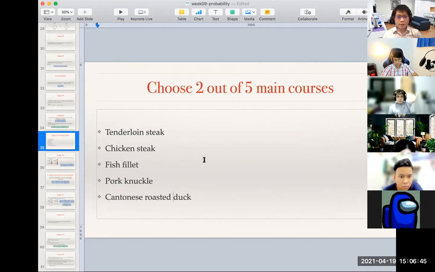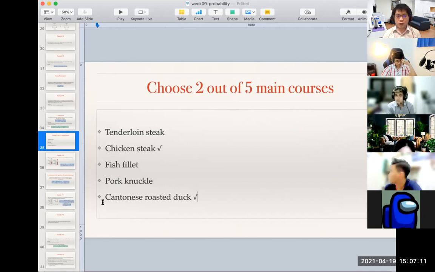Let's say you choose chicken steak, and also you choose Cantonese roasted duck. Will it matter for you if the waitress serves you the Cantonese roasted duck first and then the chicken steak?